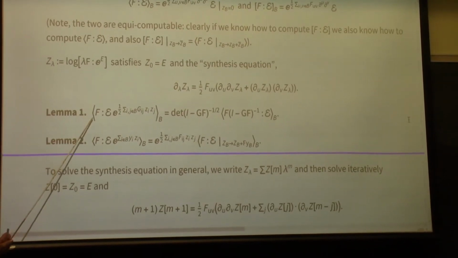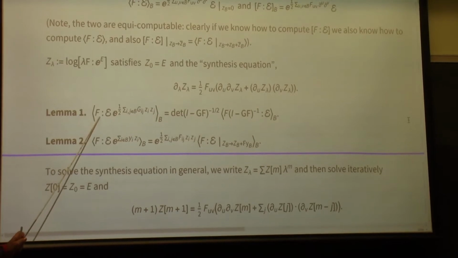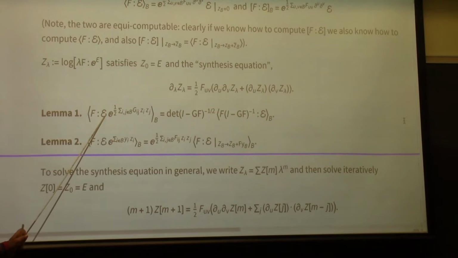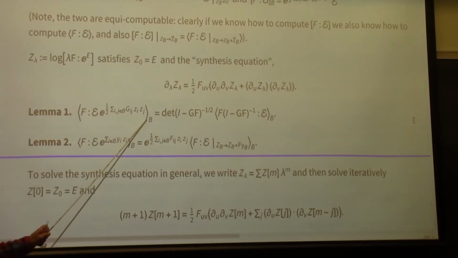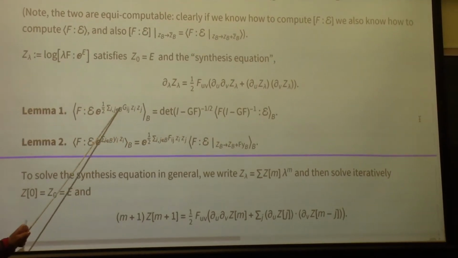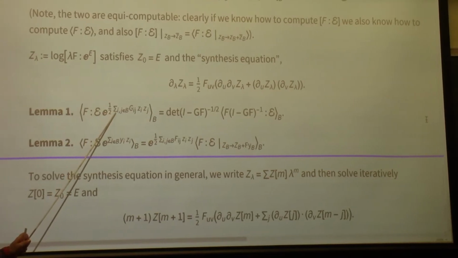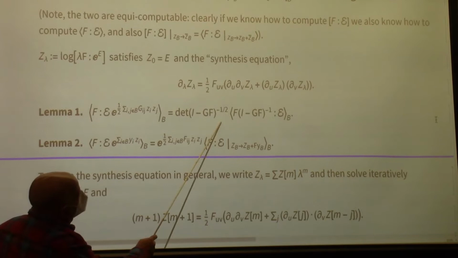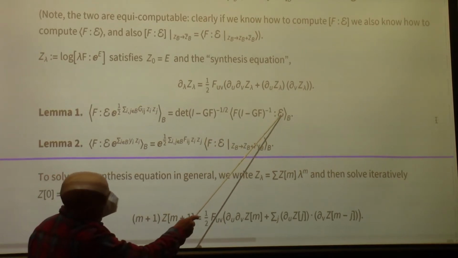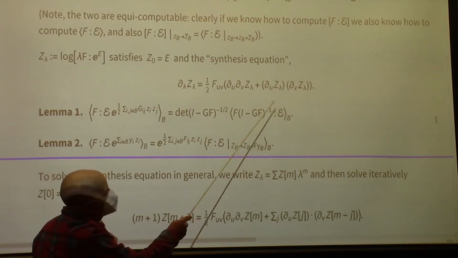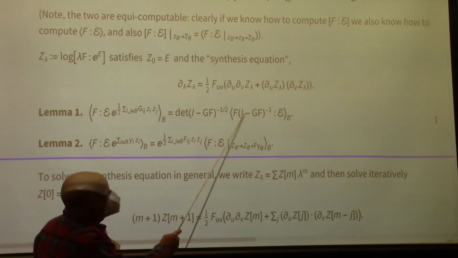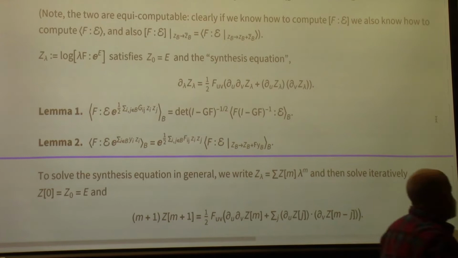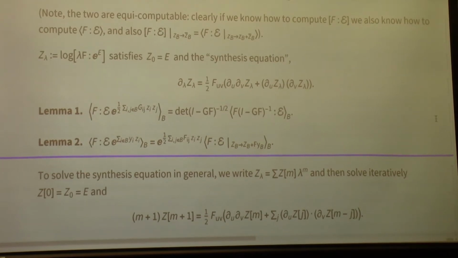So, lemma number one, if you glue f to an expression, any expression, times a Gaussian, you can cancel the Gaussian out, and then you get some determinant, and then you just need to glue to the expression, but the gluing matrix becomes different. And again, we had a discussion of that, and the picture is kind of clear.